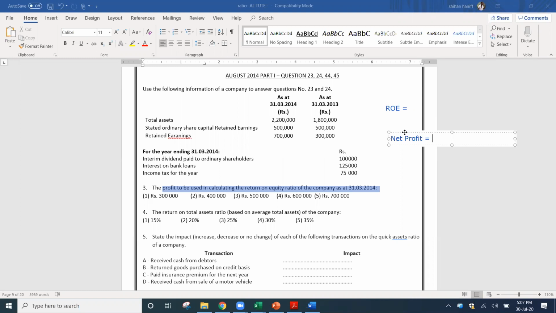Let me show you the statement of changes in equity.